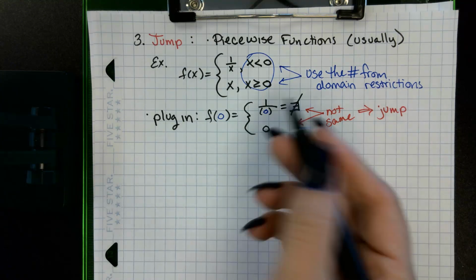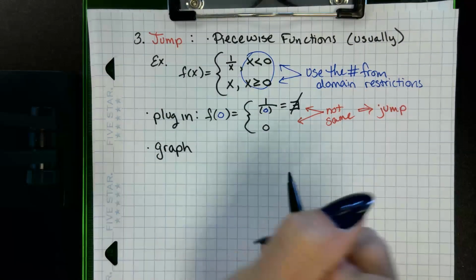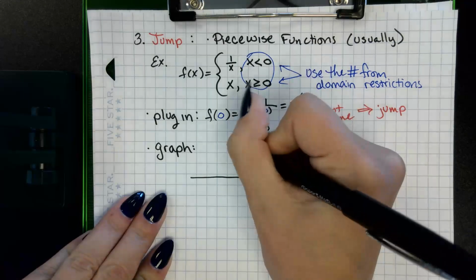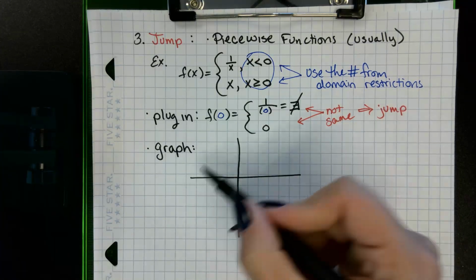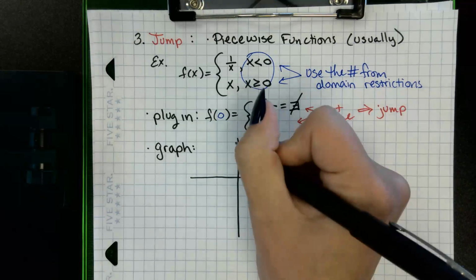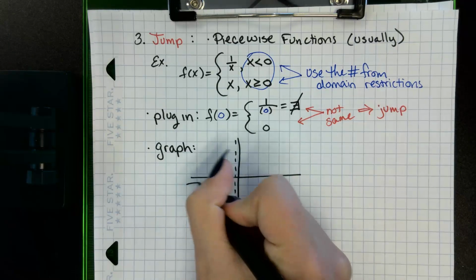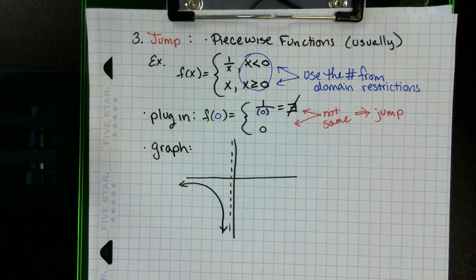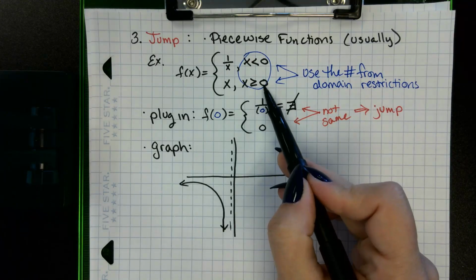And you can see that on the graph. If we graph this, on the left side, the negative values, whenever x is less than 0, it's 1 over x. So we have an asymptote, and it looks like this, just a quick sketch. And then on the right-hand side, x is greater than or equal to 0, that starts at 0.